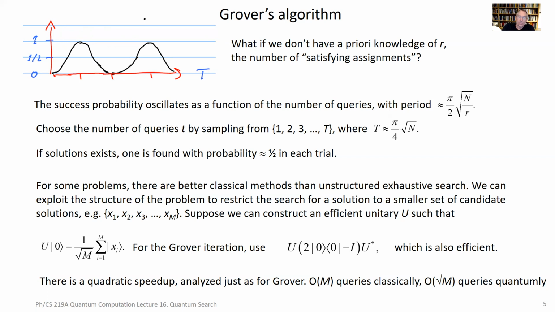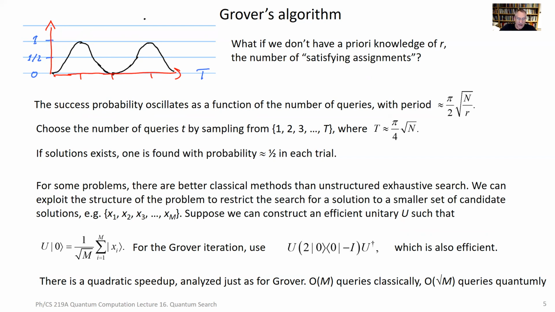So what do we do? Well, we know that if there is a solution at all, r is at least 1. And in that case, we know the number of queries that we need is pi over 4 square root of N.